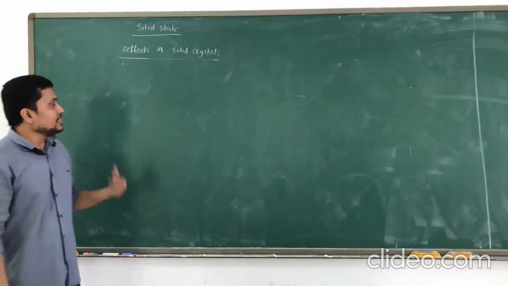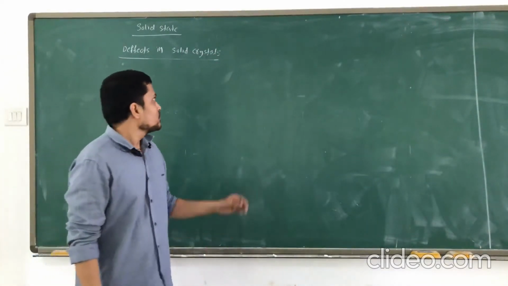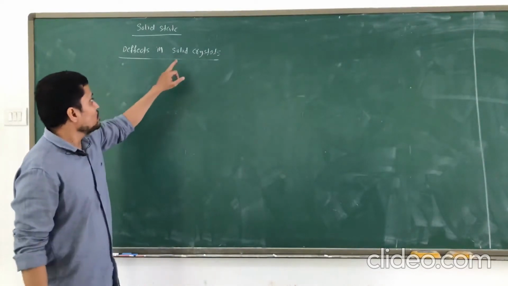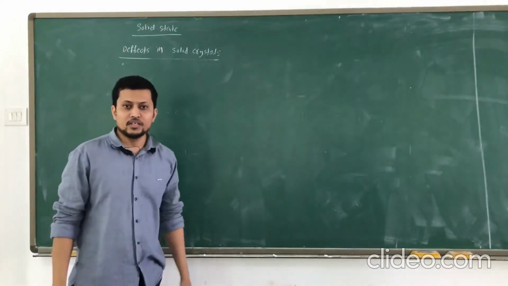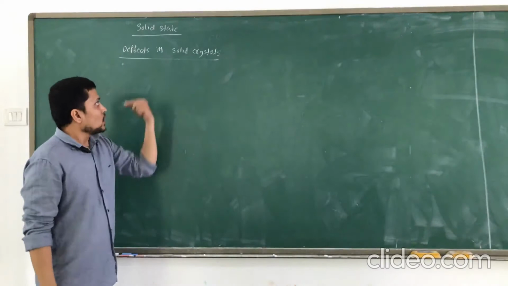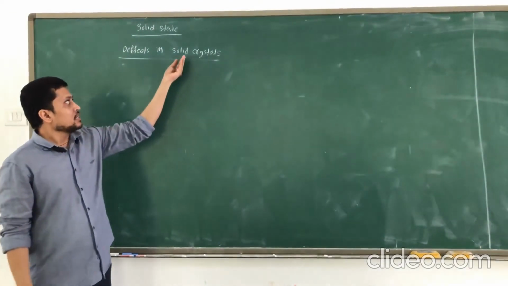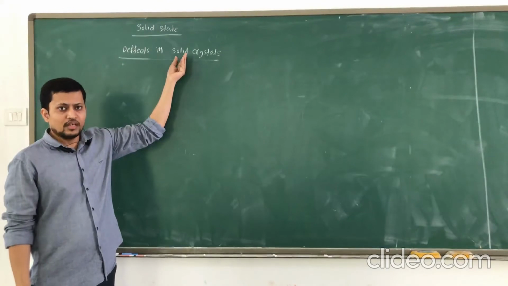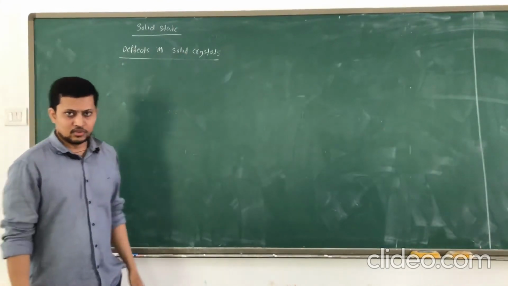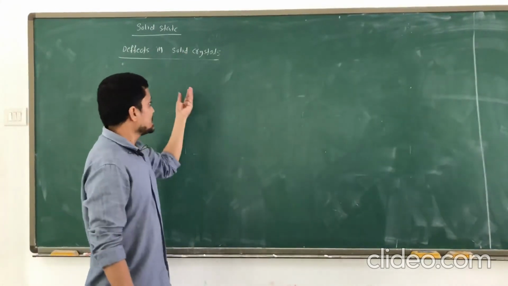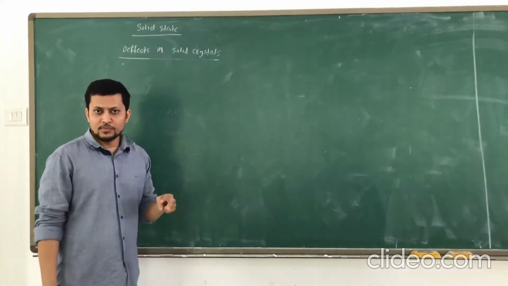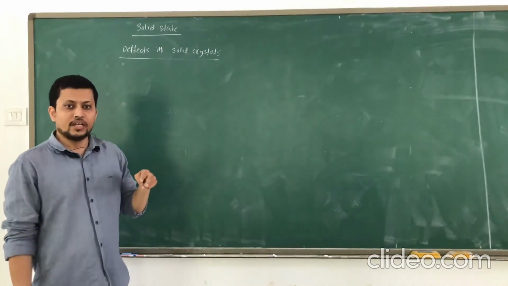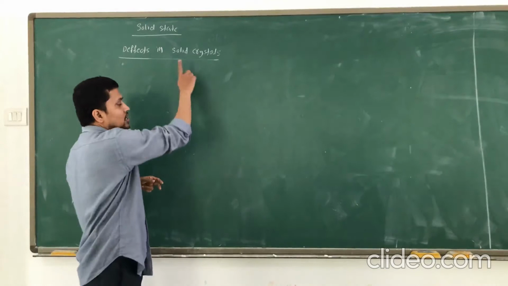If we see the defects, remember that before defects we must understand about the solid. In solid state, the compounds present in the solid form are of two types: crystalline solid and amorphous solid.